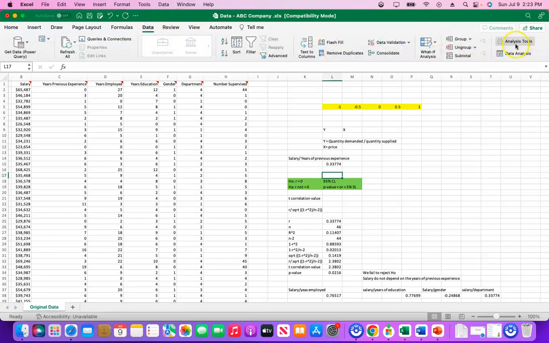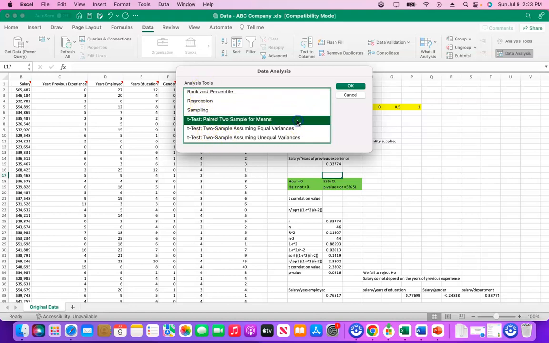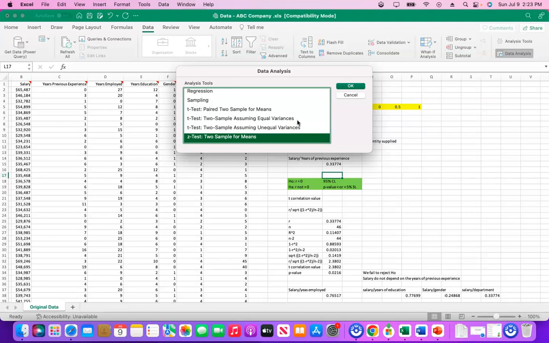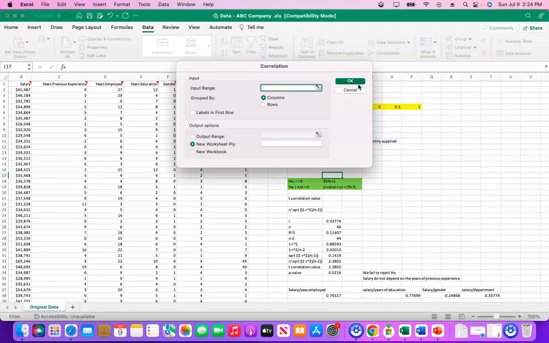When you click on the data, you will see data analysis here. If I click on the data analysis, then we have all these kinds of data analysis. All we're looking for is the correlation. And so here's correlation. Let me click OK.